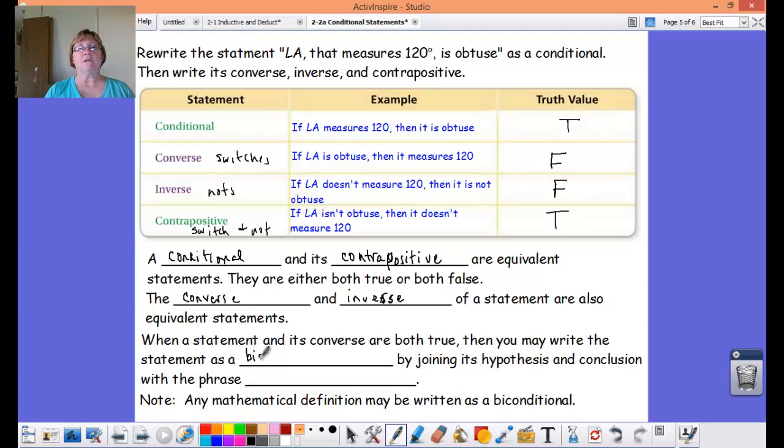You can write a statement called a biconditional by joining hypothesis and conclusion with the phrase if and only if. It is true that any mathematical definition can be written as a biconditional.